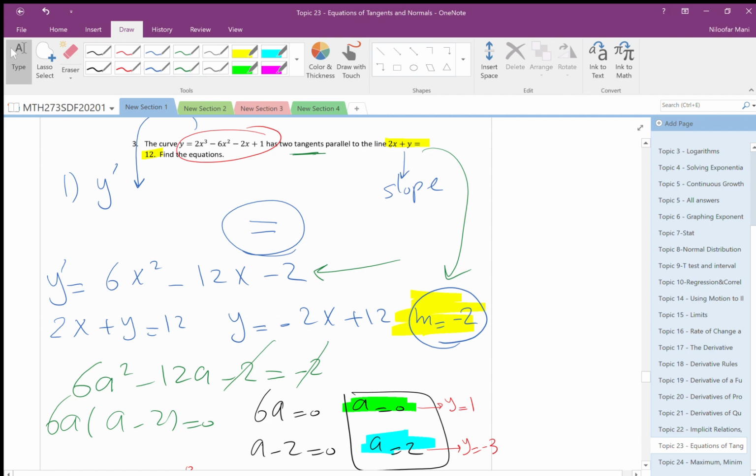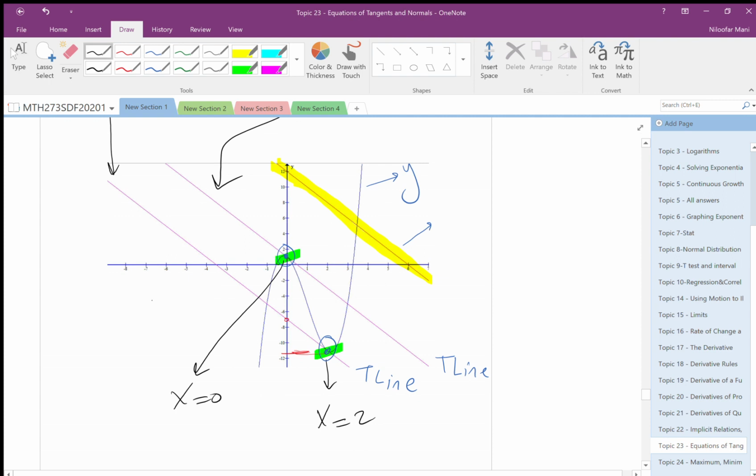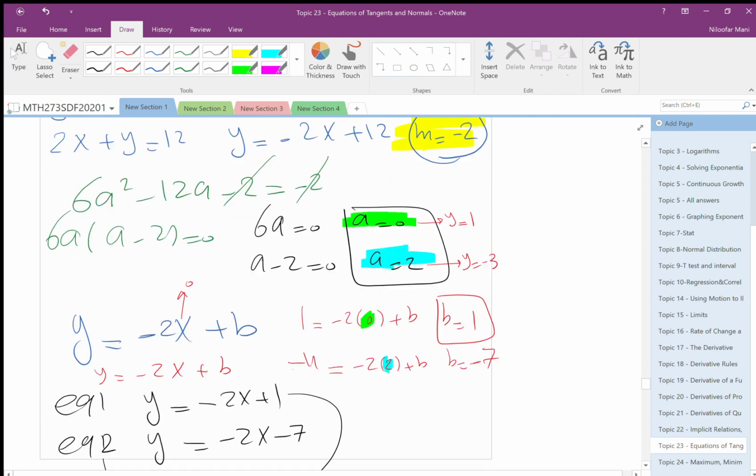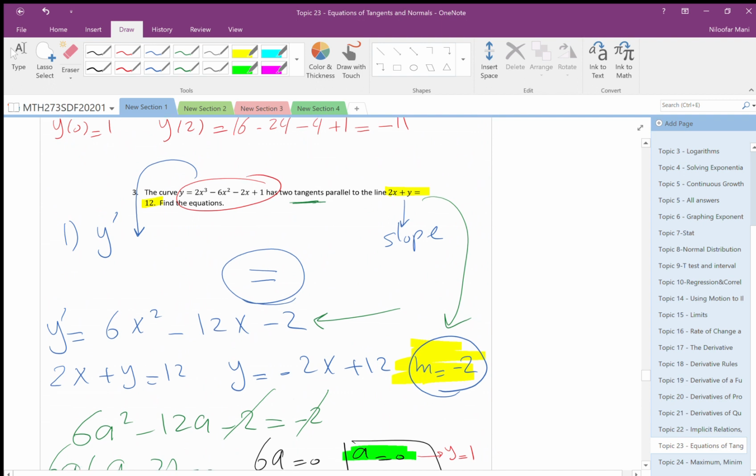Okay, so one of my points is 0 and 1, and this point is minus 2 and minus 11, right? Let me see.